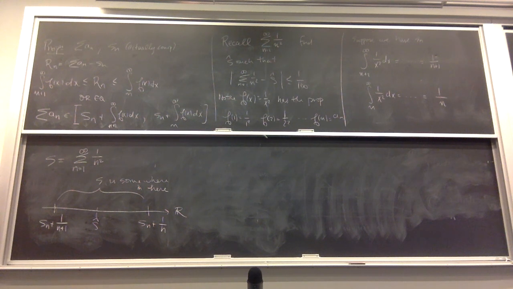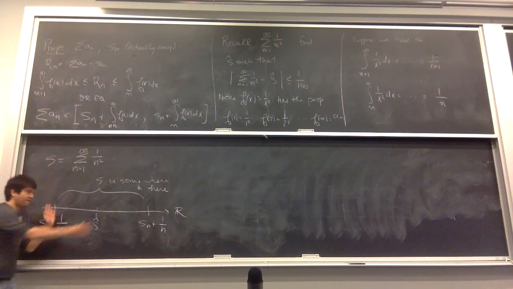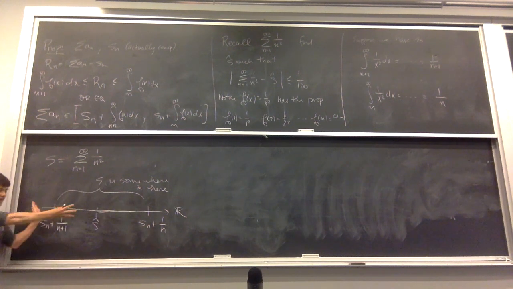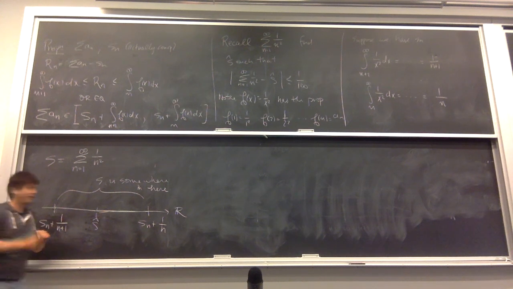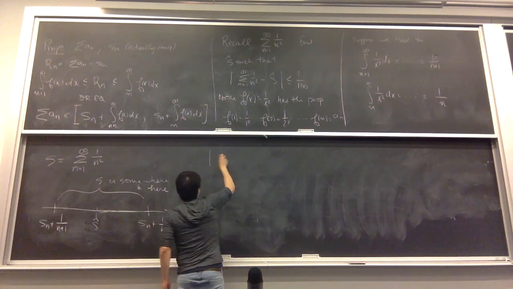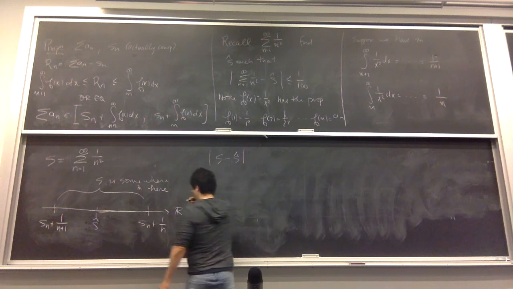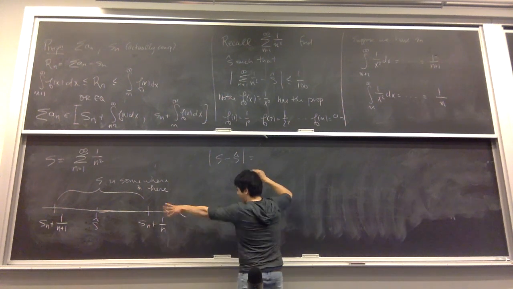Does that make sense? Okay, so notice I've already said something, right? What is the maximum difference between the exact sum and our guess? It's this distance, half the length of this interval. So we know that the true value of the sum minus our guess is going to be half of that distance.